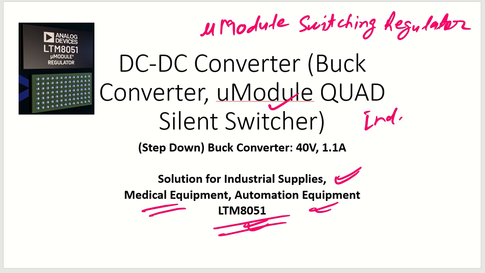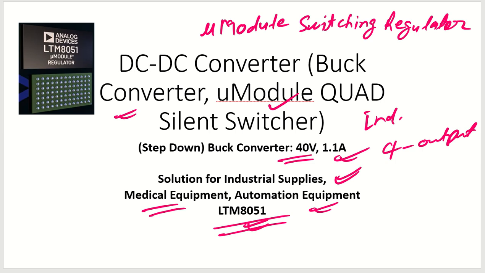This particular buck regulator takes up to 40 volt input, and it can give you an output of 1.1 amperes. It can be even higher. And the best thing about this micro module switching regulator is that it has 4 outputs.